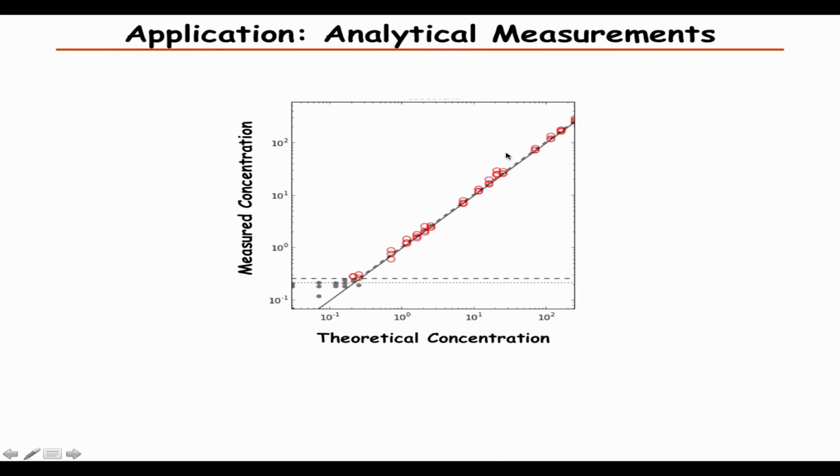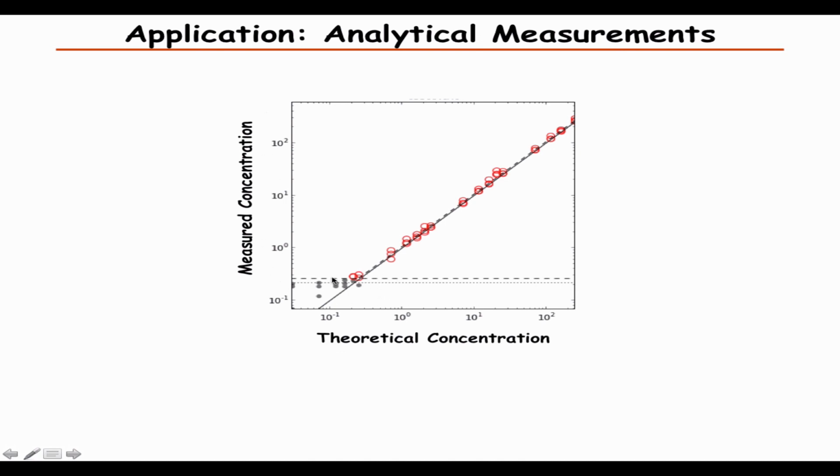But typically what happens is that at some point, if you go down in concentration, you won't be able to measure it. So these gray points are below the limit of quantitation, and there is no longer any relationship between how much material we added and what we're measuring.